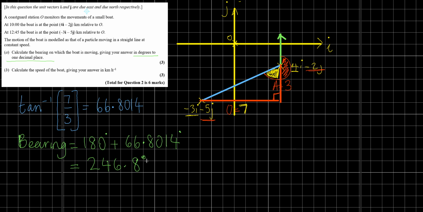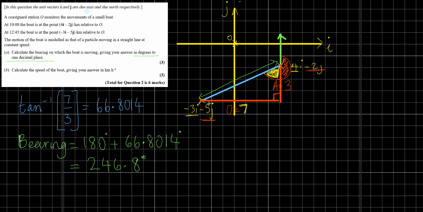Part B, calculate the speed of the boat, giving your answer in kilometers per hour. To work that part out, we need to find the distance traveled from here to here. We're going to use Pythagoras to find that out.